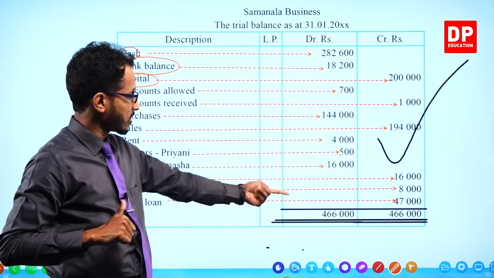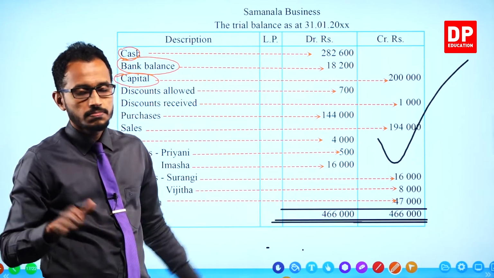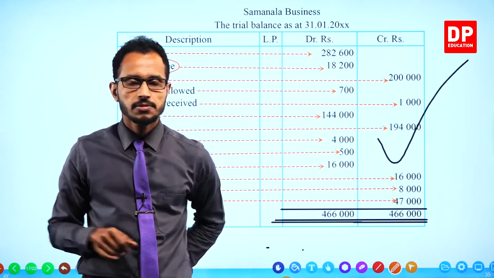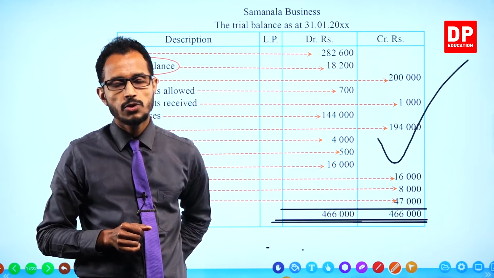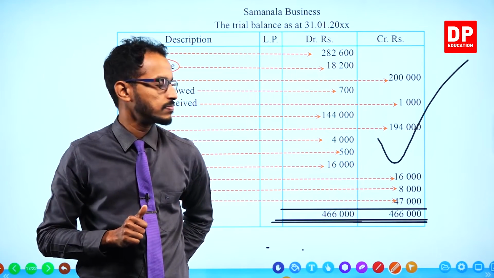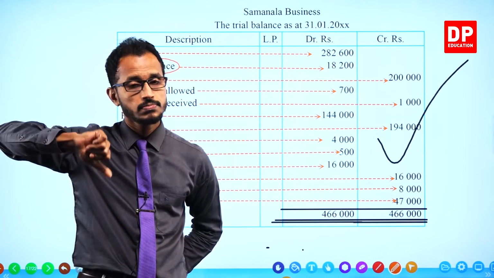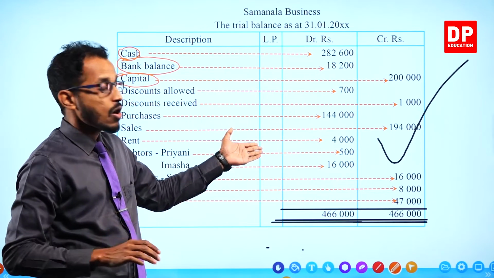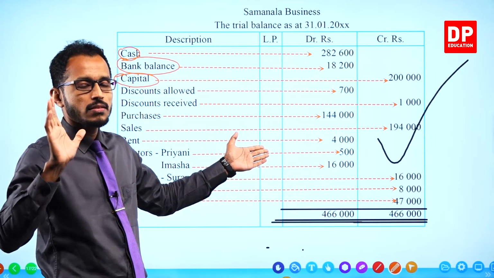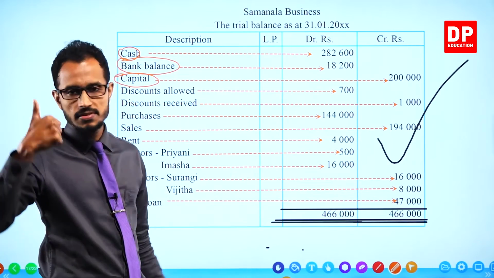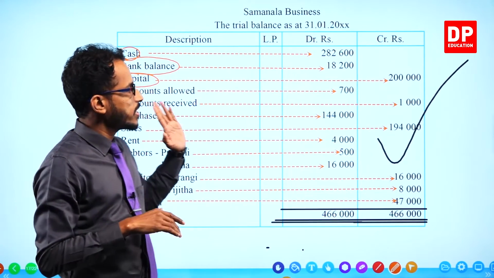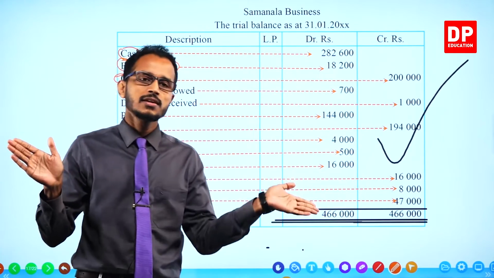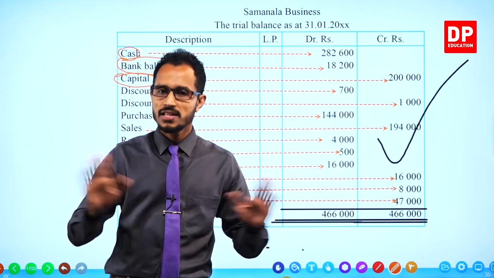You can't be sure of that. But you can be sure of one thing: mathematical accuracy is guaranteed, which means every amount, every transaction is debited and credited correctly, and ledger accounts are balanced correctly.